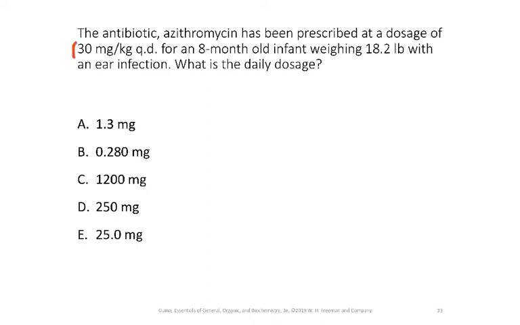The dosage given is 30 milligrams per kilogram. We have the infant's weight given as 18.2 pounds. And when it asks what is the daily dosage, that means what are we trying to calculate?